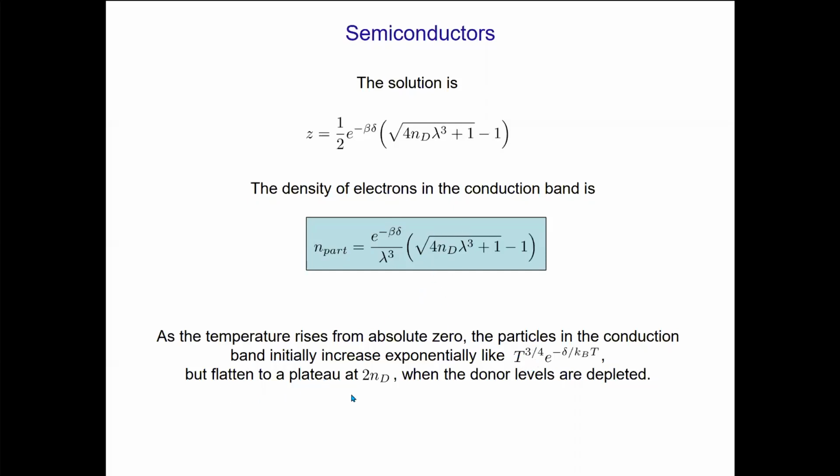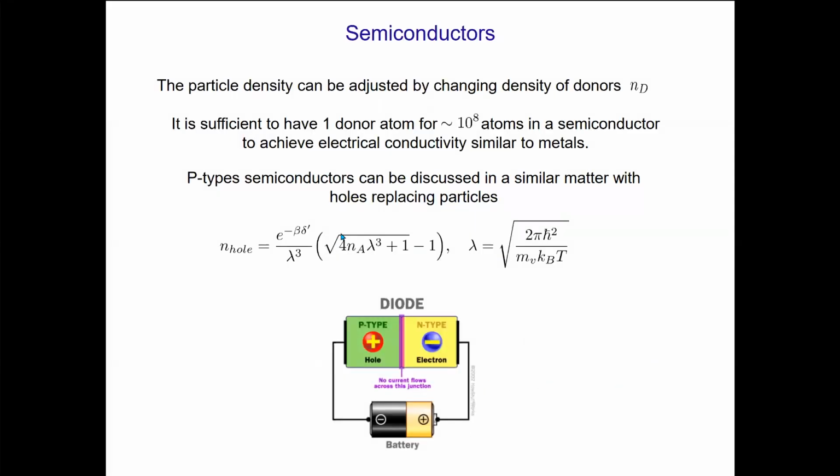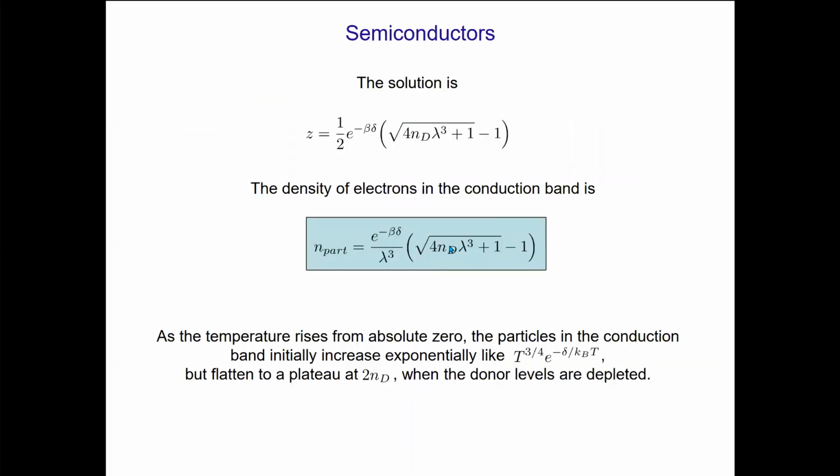But they flatten to a plateau at 2 n_d, where basically all electrons from donor levels go to the conduction band, and all donor levels are depleted. Okay, so the particle density as a result can be adjusted by changing the density of donors here. Okay, so you see that we now have the number of donors entering this formula.